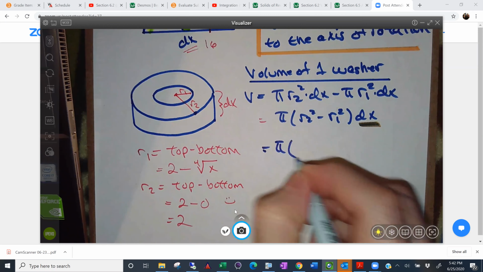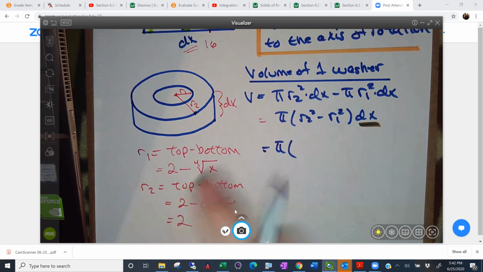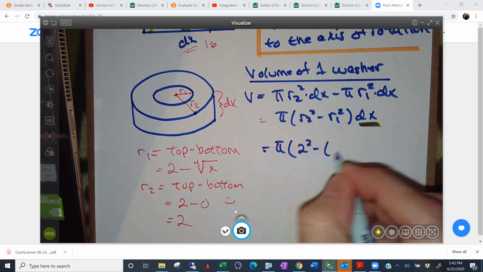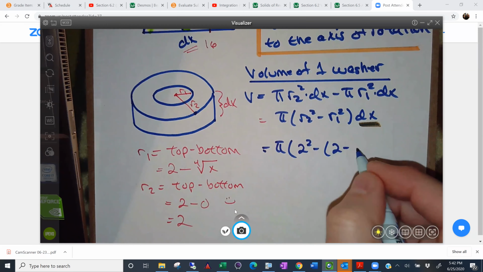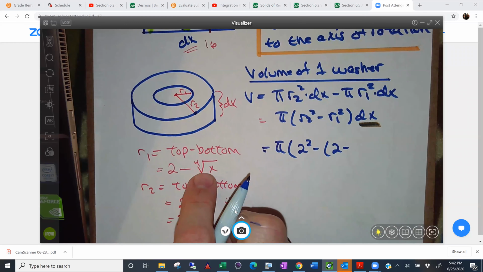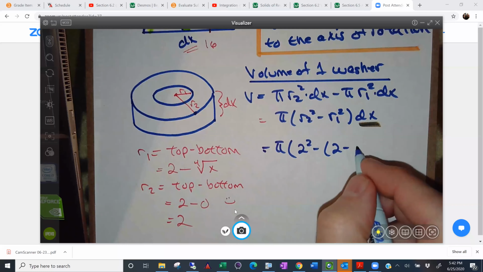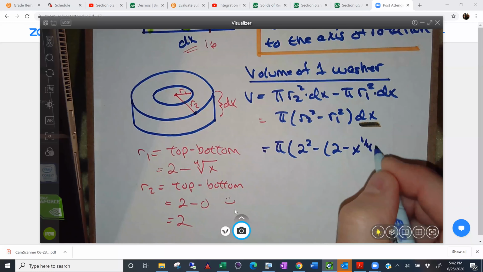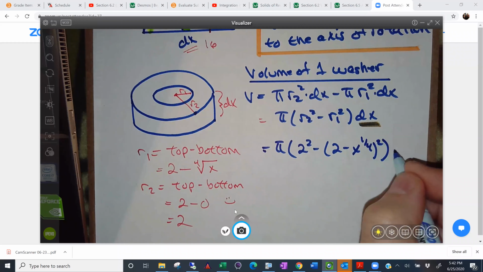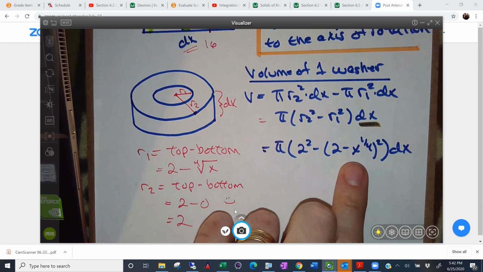I'll get pi times 2 squared minus 2 minus, let me call that x to the 1/4 power, squared times dx. Are you okay with how we got this expression so far? All right.